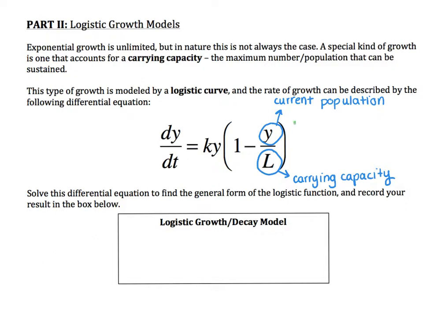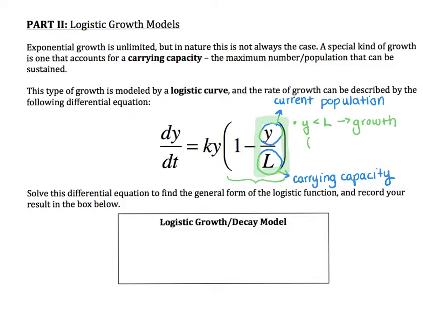If y is less than L, if your current population is less than your carrying capacity, you're going to have a growth scenario. How come? Because if y is less than L, that means this entire fraction y over L is going to be less than 1, which means that 1 minus that quantity is going to be positive.